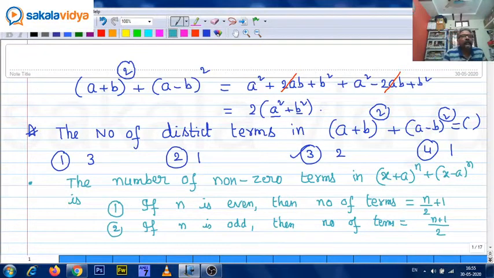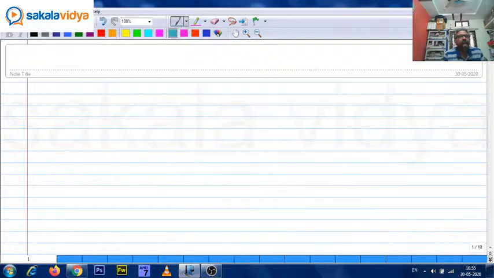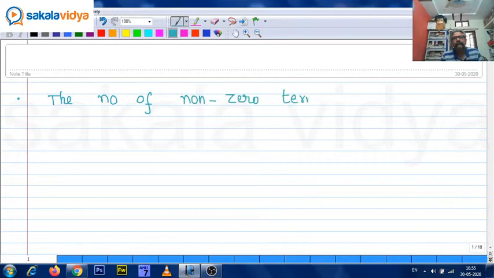In the similar manner, we shall discuss the number of non-zero terms in (x plus a) whole to the power of n minus (x minus a) whole to the power of n.